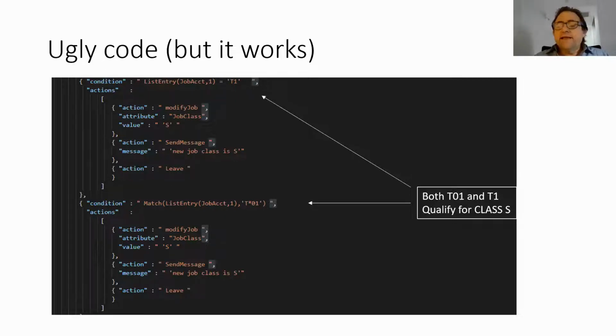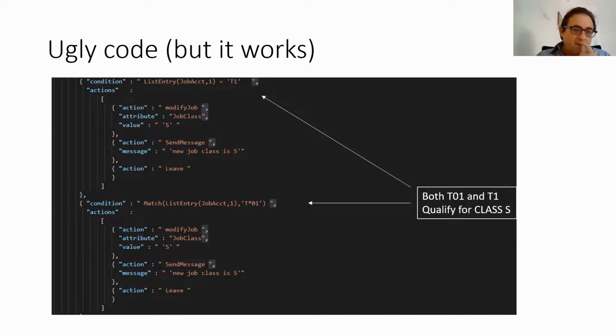If I've missed anybody, it's not the end of the world, because what will happen is somebody's put something in their accounting information that with the exit went to class S, for example, a short class with good priority, and instead it goes to L. So the worst thing that will happen is they'll come and complain, and they'll say, ah, yes, you're right. And I'll tell them to change the accounting information, or I will modify the policy.